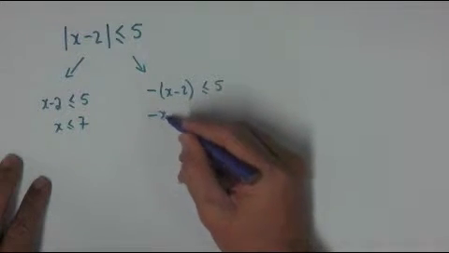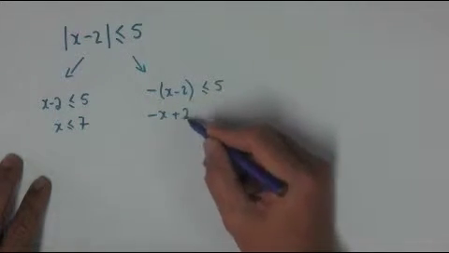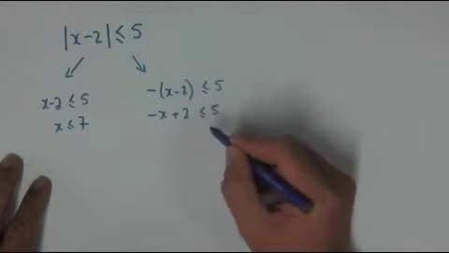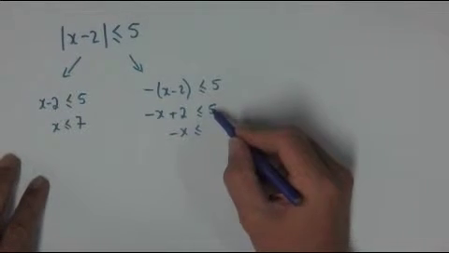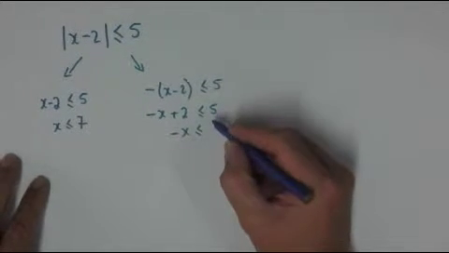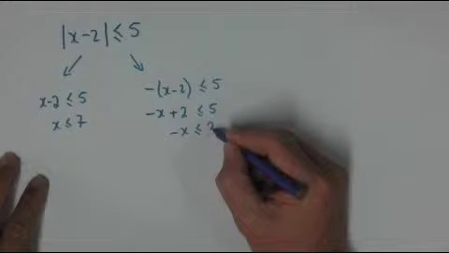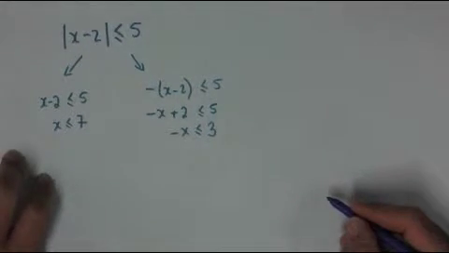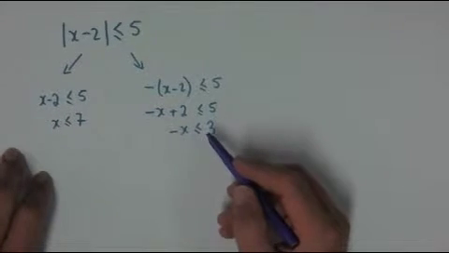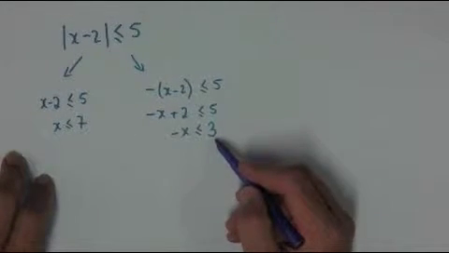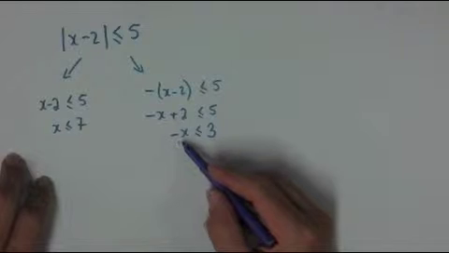Now multiplying that out, I get minus x plus 2 is less than or equal to 5. Minus x is less than or equal to 5, plus 2 over this side becomes take 2, so 5 take 2 is 3. Now this brings up a very important situation here. When I have negative x is less than or equal to 3, I have a negative in front of my x.